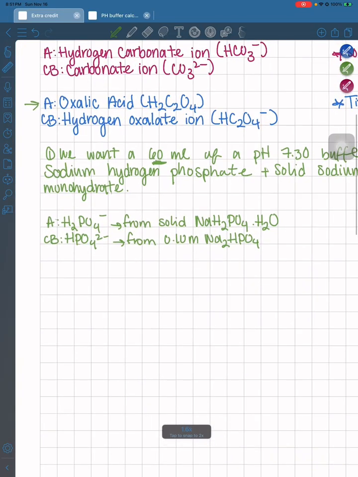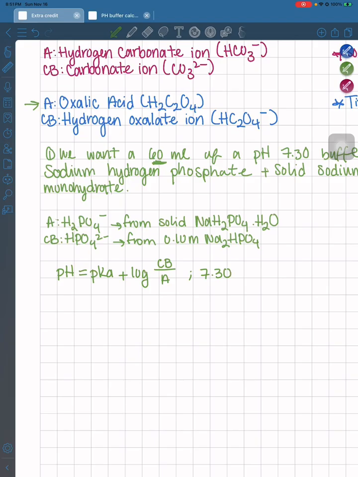So now I'm gonna write down my formula, which is pH is equal to pKa plus log of conjugate base over acid. And we know that our pH is 7.30.